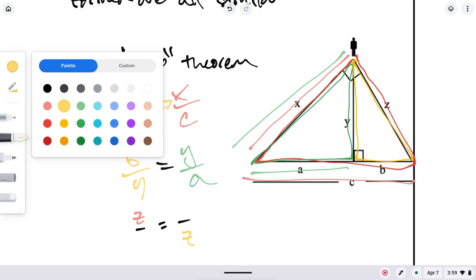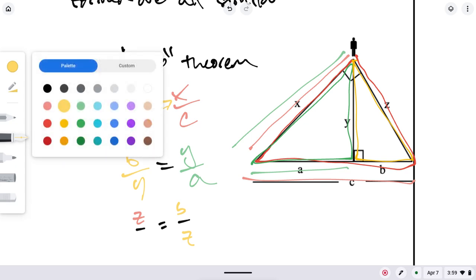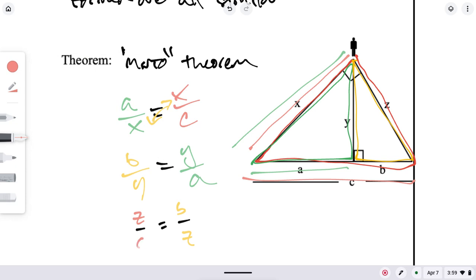My B option would go with the orange z, and my C option is with the red. But it doesn't really matter which one's where because z is congruent to itself. So I can flip-flop pieces, I can flip this whole proportion over, but it's just a really quick way to set up the same proportions that we had last chapter.